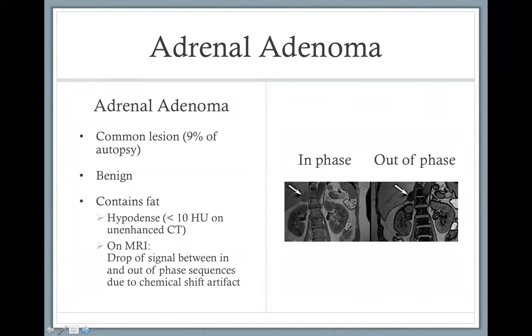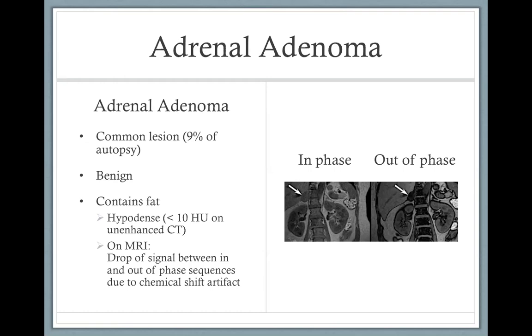So one of the ways, for example, to detect adrenal adenomas, and adrenal adenomas are benign lesions, they're not cancer, but they're very common. And if somebody is being investigated for cancer and you discover, for example, a lung mass and an adrenal lesion, you always ask yourself, is this metastasis?